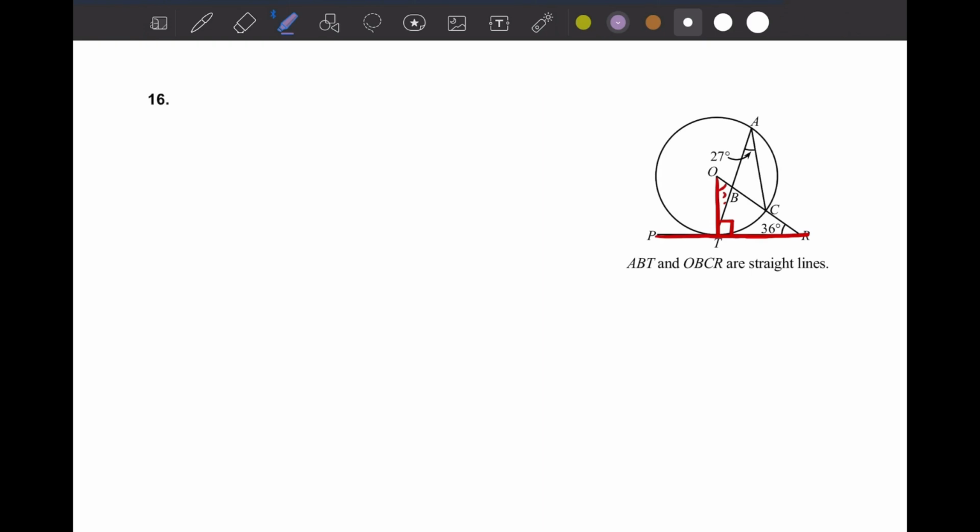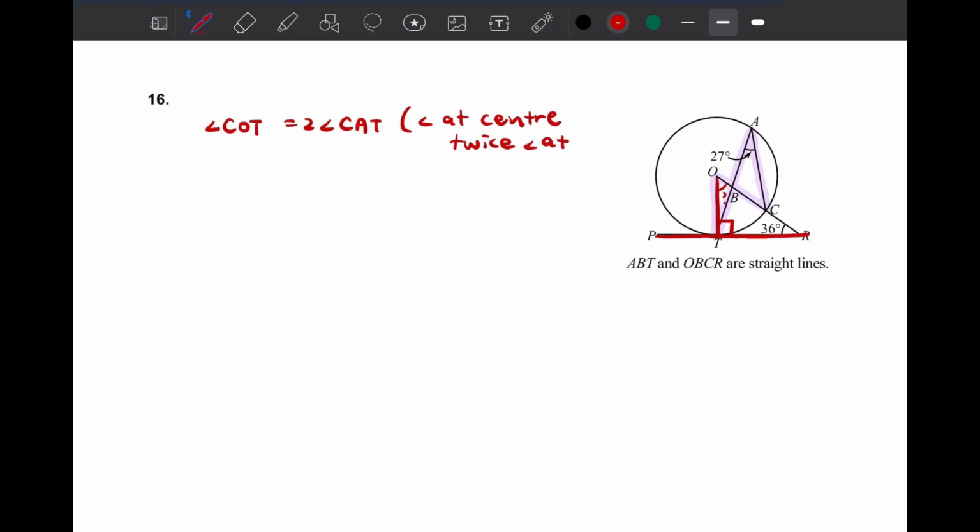But how do we find this angle? Is it going to be the same segment again? This time it's not going to be angles in the same segment, but this one is going to be equal to twice the angle CAT, because it's angle at center twice angle at circumference.